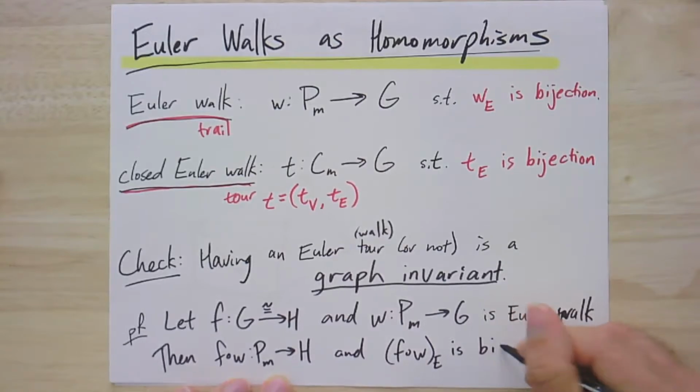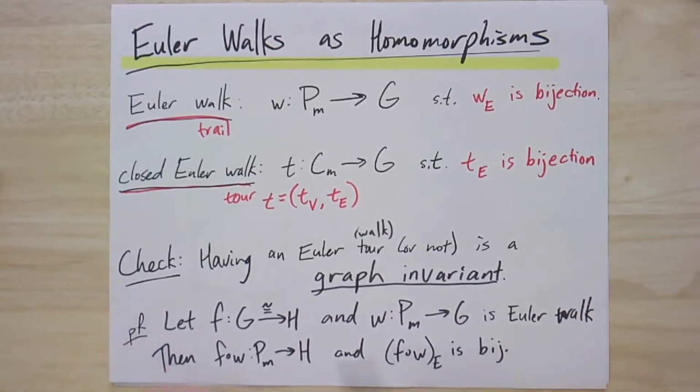This is Fe composed with We. Since by definition this is an Euler walk, We is bijective, and this is an isomorphism, so Fe is bijective, so their composition is bijective, and therefore this is an Euler walk.